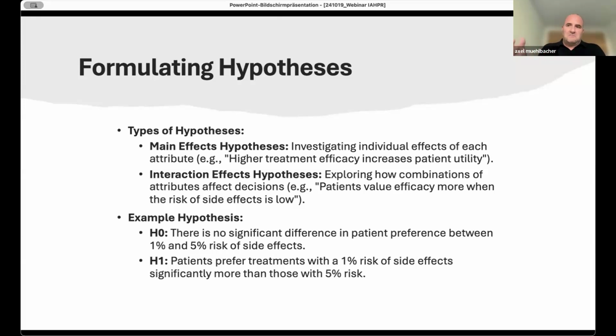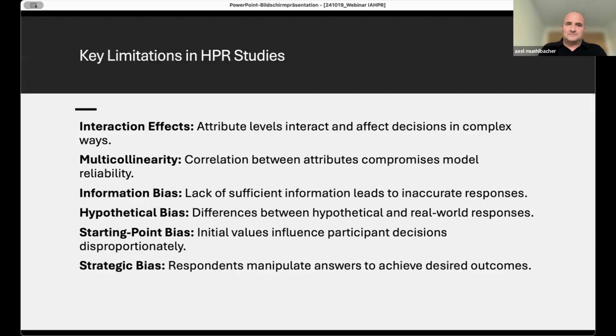So let's say gray or black jeans would not be the same. It would not interact in the same way as blue with jeans. That's behind that. And all of this could be transparently discussed within the descriptive framework of a study.